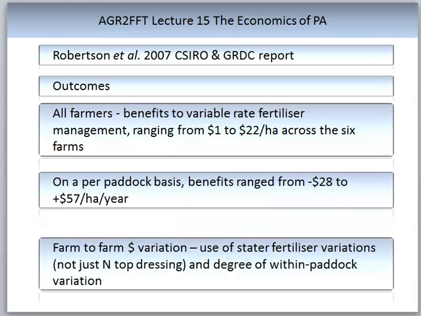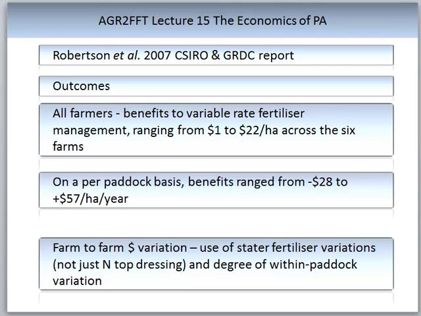All farmers were able to quantify benefits of variable rate fertiliser management, and this ranged from $1 to $22 per hectare across the 6 farms studied. On a per paddock basis, benefits ranged from negative $28 to $57 per hectare per year, quite a range.